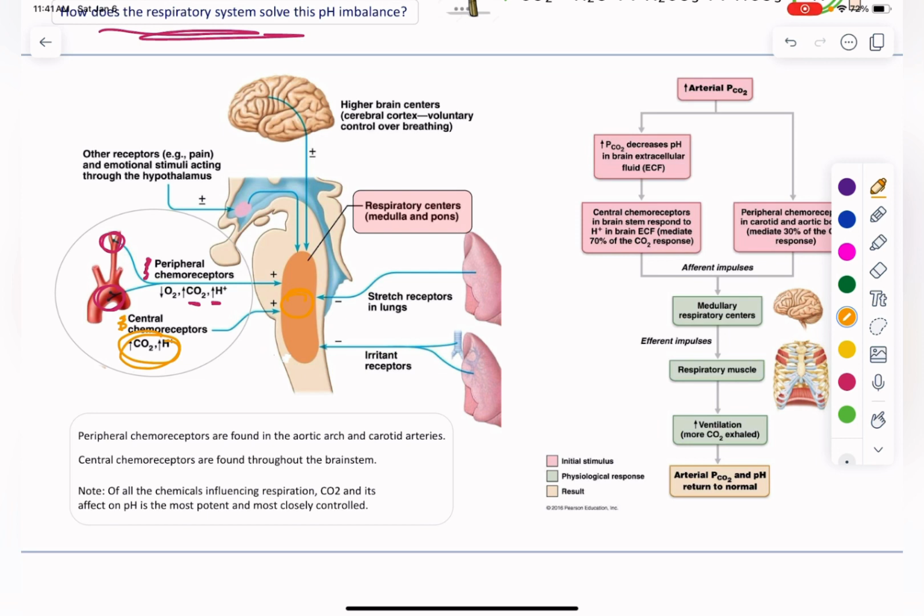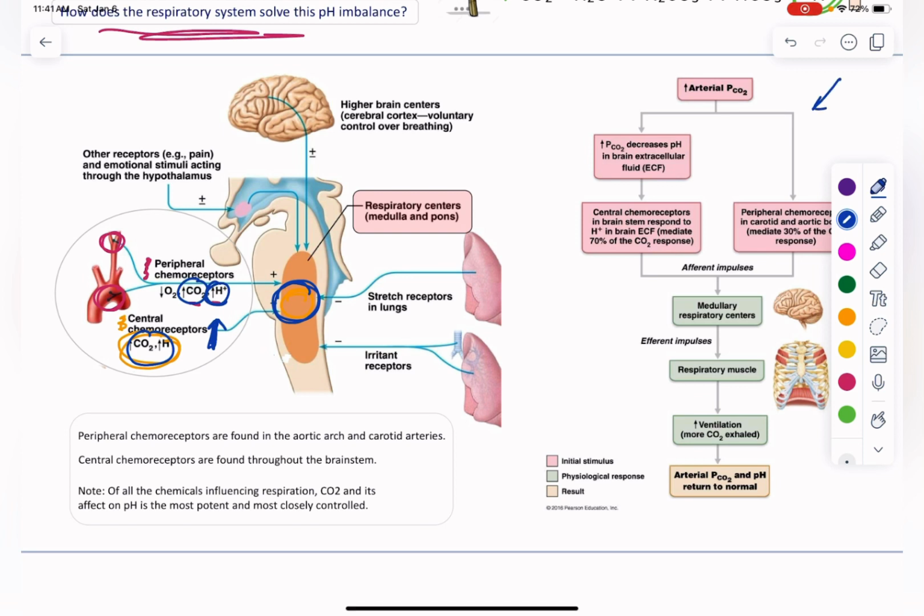Okay, so what happens next? So levels of hydrogen ion and also CO2 both increase during a period of exercise. And that information is detected by these sensory receptors and it's taken to the brainstem. What happens next? Well, let's look at this figure over here.